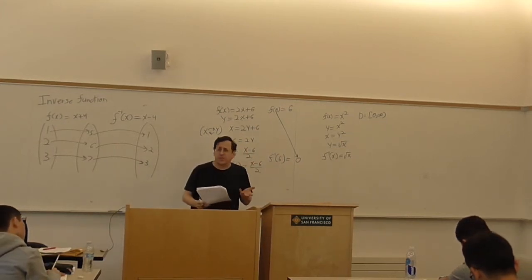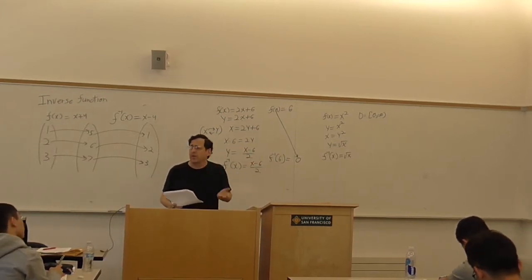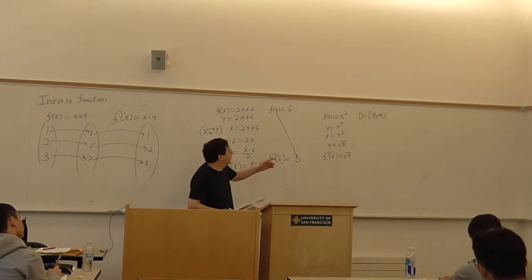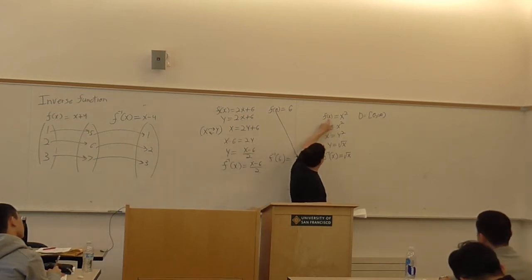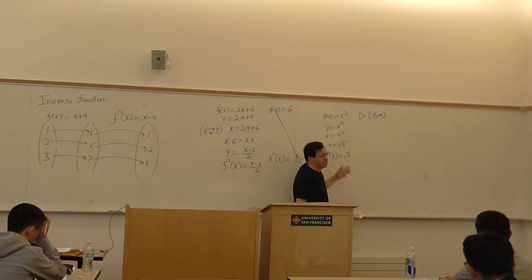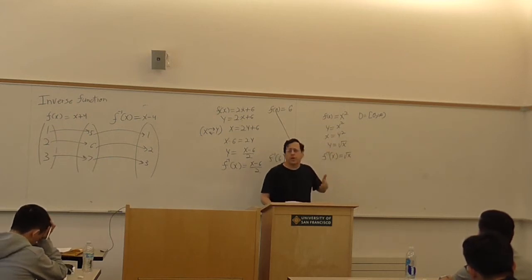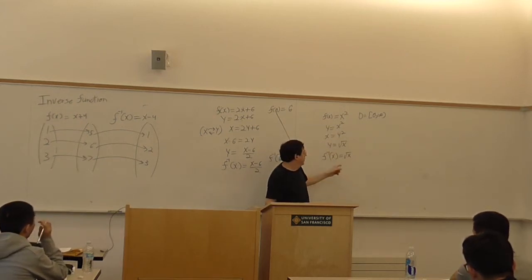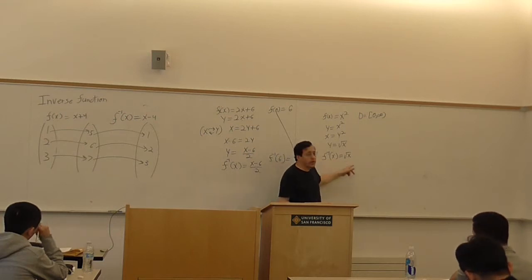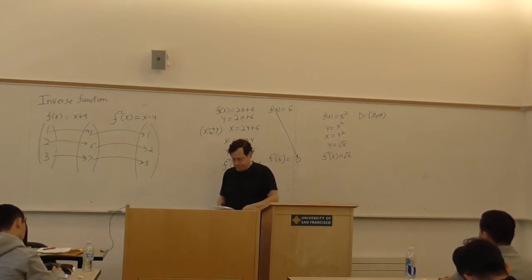And of course, that's exactly what you would expect. If I plug in some value, I'm going to square some value here. Say 2. 2 becomes 4. The inverse of 4 is 2, and I'm back to where I started from.